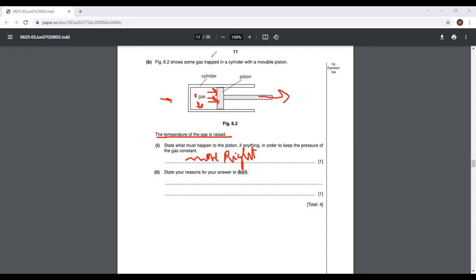Whenever the temperature increases, what will happen?